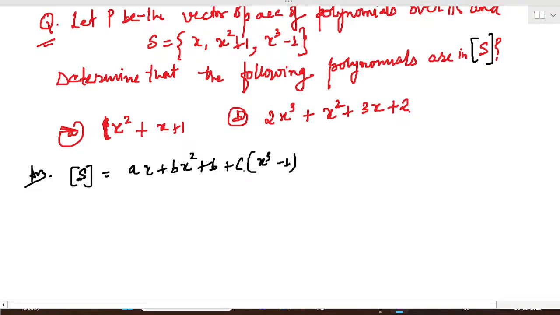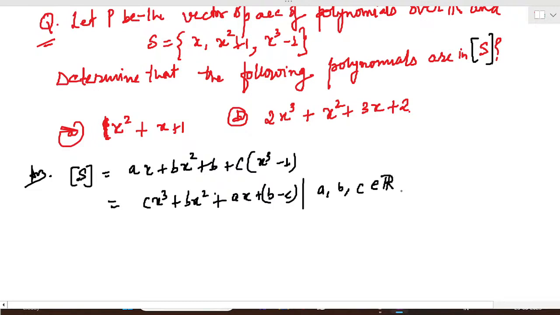This is how you can write your linear span of S. So the linear span of S would be c x cube plus b x square plus a x plus b minus c. This is how you can write it.